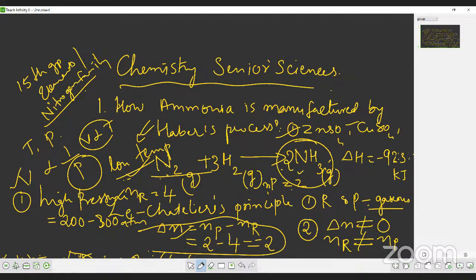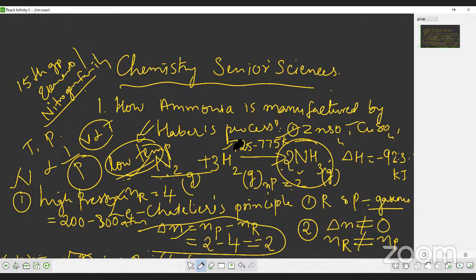So, in order to improve the yield of ammonia, instead of maintaining low temperature, a moderate temperature of 725 to 775 Kelvin is used.